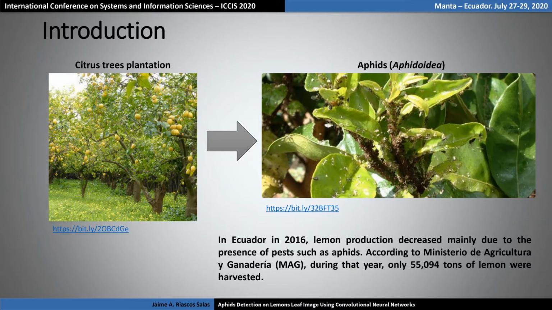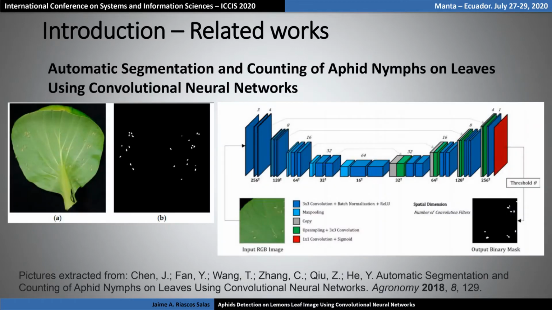In this sense, machine learning emerges as an alternative that plays a dominant role in plant disease detection and identification. In this area, especially, we have convolutional neural networks, which are the current state-of-the-art architecture for image classification tasks.